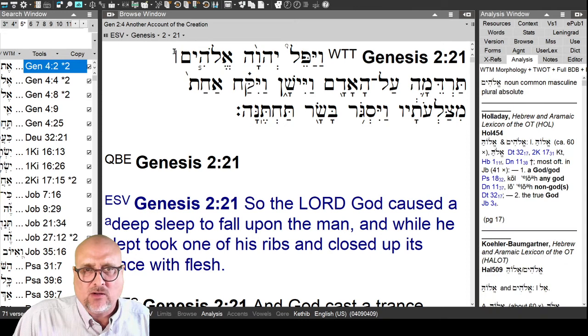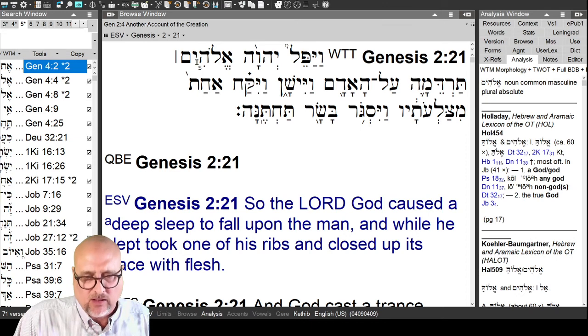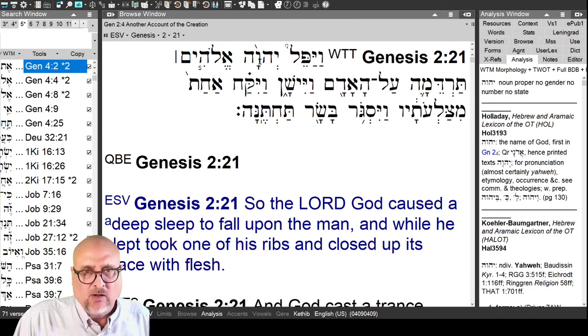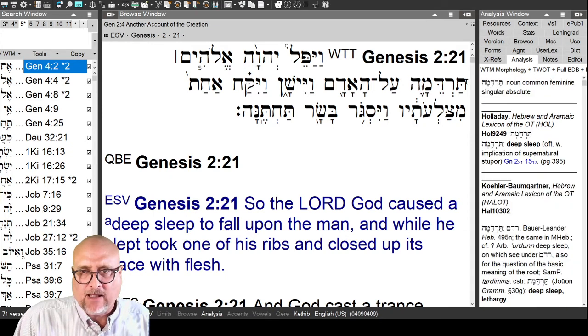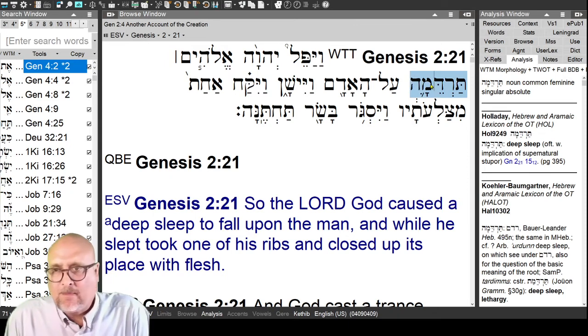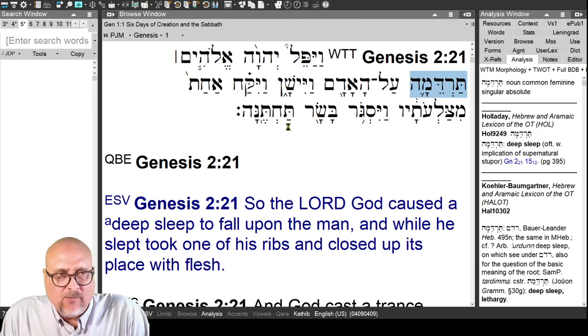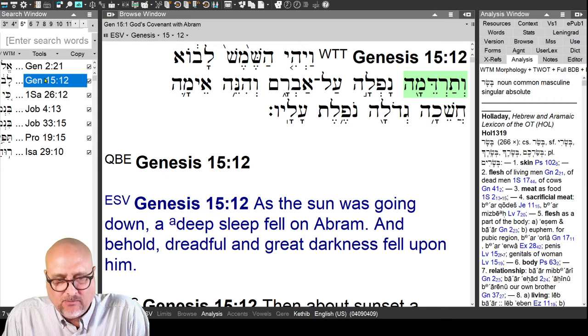And the Lord God, see, that's our Tetragrammaton word, and then the word Elohim. Can you see those two words? The Lord God caused to fall a tardema on the Adam. Now, where else does this word tardema appear? I'm going to do a lemma search on it. Abraham. It's the Abraham word. God caused a deep sleep to fall.